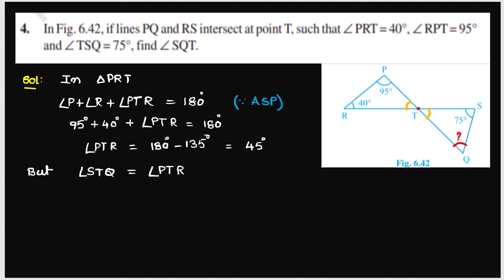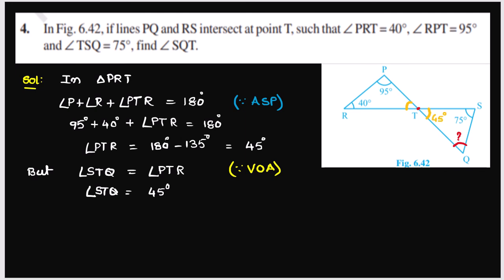You need to mention the reason. In shortcut I wrote it, you can enlarge it. So angle STQ equals whatever angle PTR we have got here, 45. Now we have got angle STQ, that is 45.